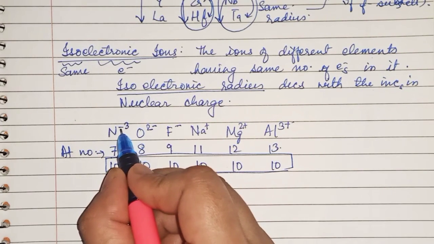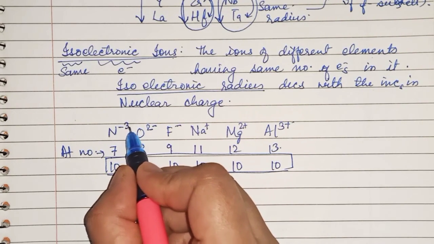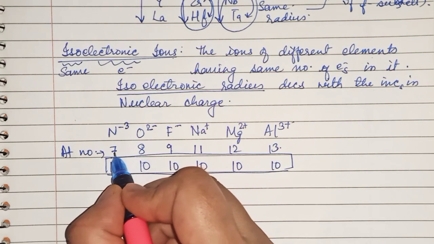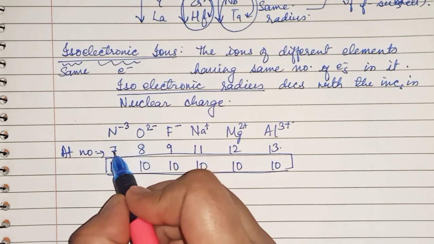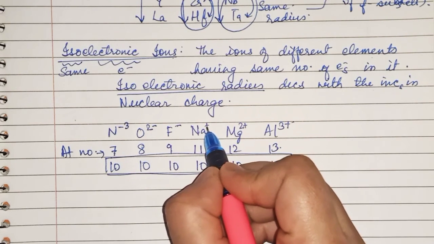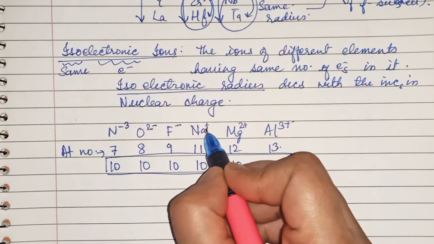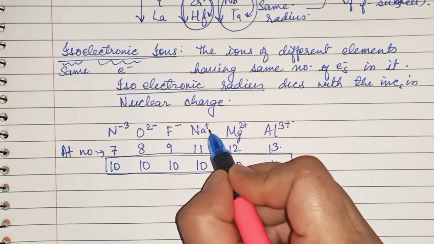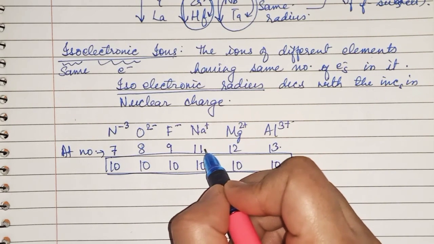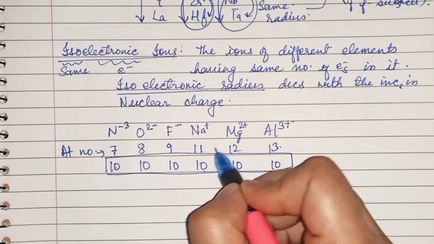Okay, if a minus sign is there with the ion, then you will add that number to the atomic number. So 7 plus 3 is 10. And when a plus sign is there with the ion, then you will subtract that number. So for 11 with plus 1, you will subtract 1, then you will get 10.